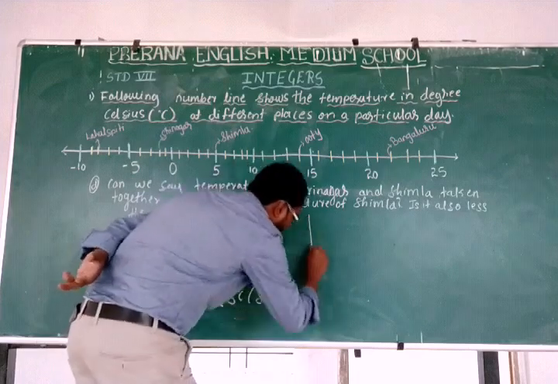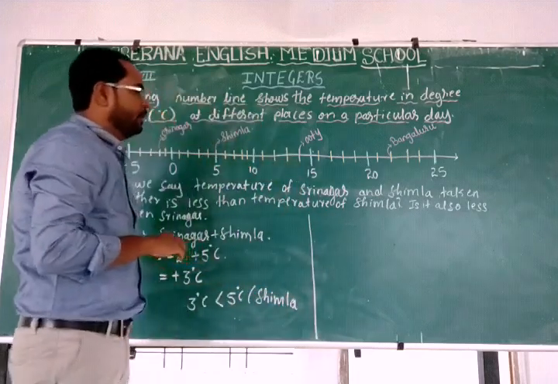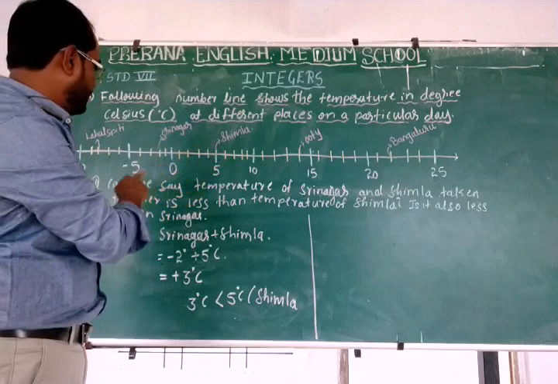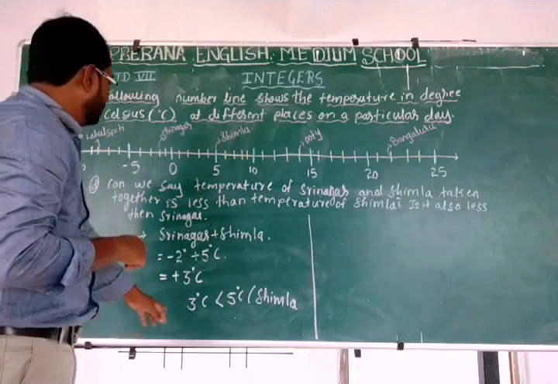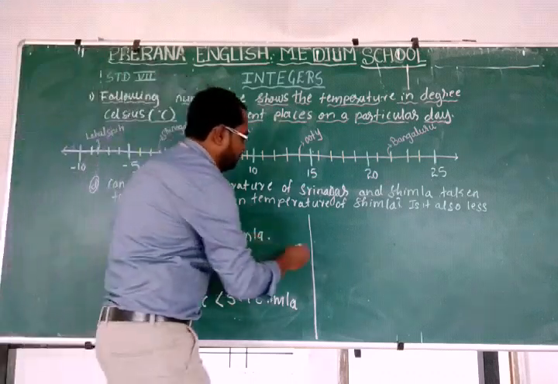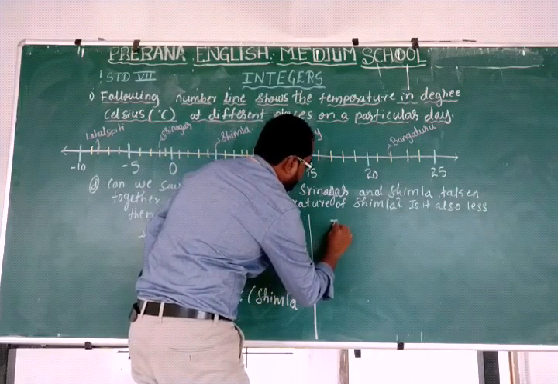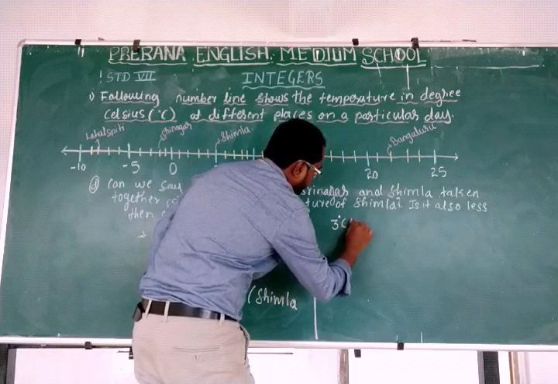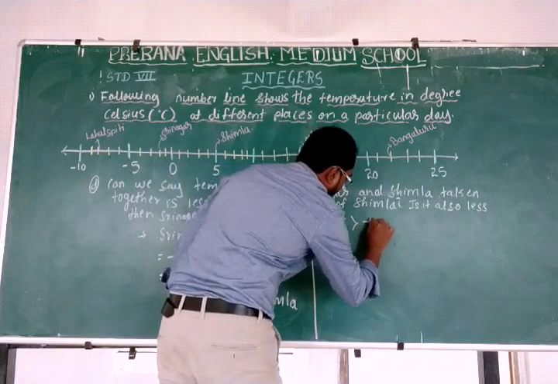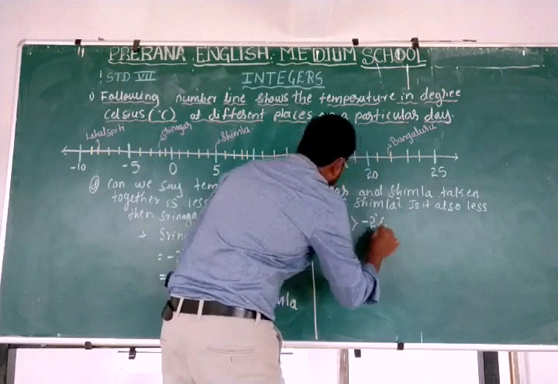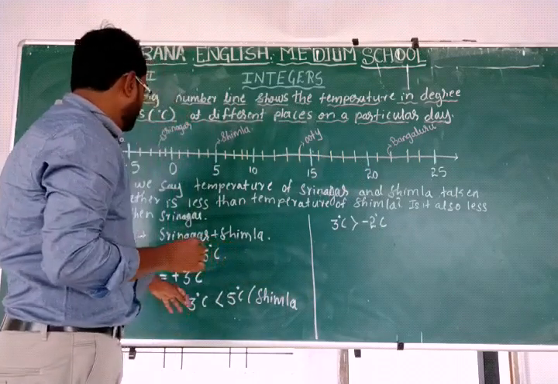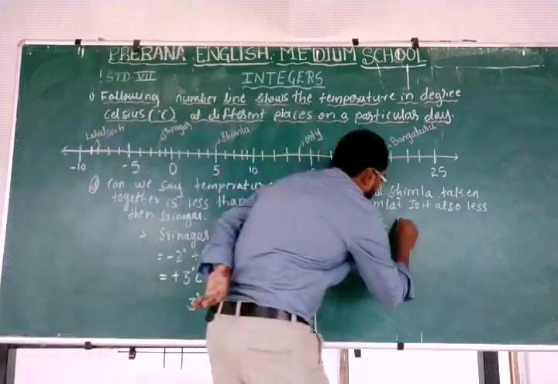This is the first part of the question. Next, is it also less than Srinagar? No. 3 degrees Celsius is greater than minus 2 degrees Celsius, which is the temperature of Srinagar.